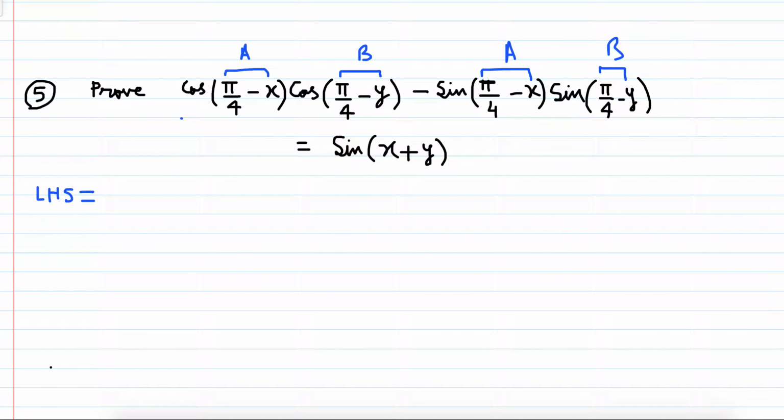So we are directly given that form. So this term will be equal to cos of (A plus B). Here A is pi by 4 minus x. You need to write the complete thing, I am just writing in brief here. So this is our first angle, and the second angle is pi by 4 minus y.